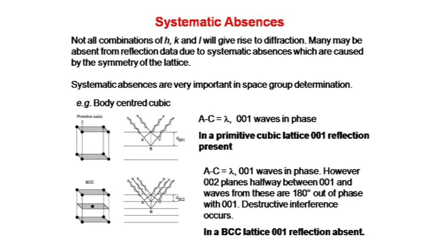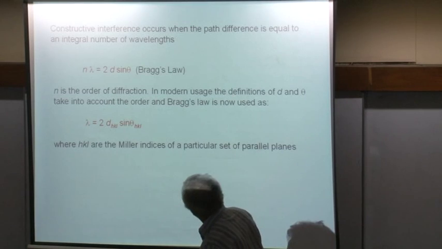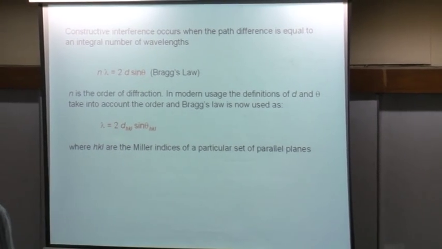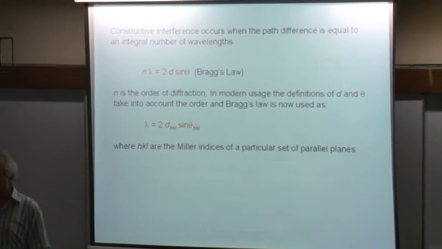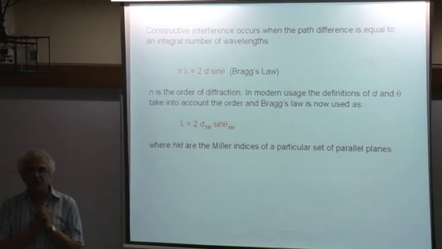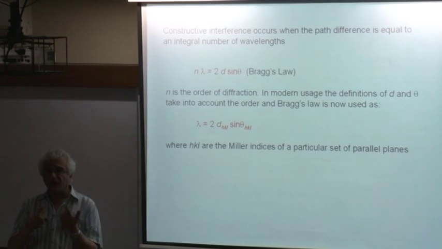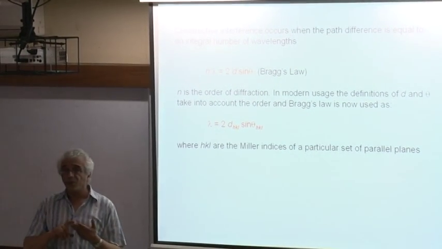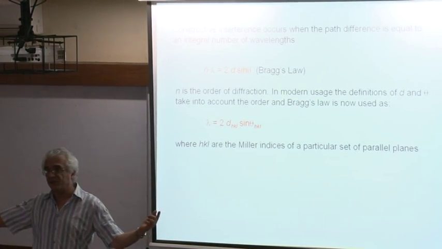Now, Bragg's law, if you apply it, if we have a look here, the H, K, and L, well, there are an infinite number of H, K, L combinations. The values of H, K, and L are integers. So we can have from 0 up to infinity.